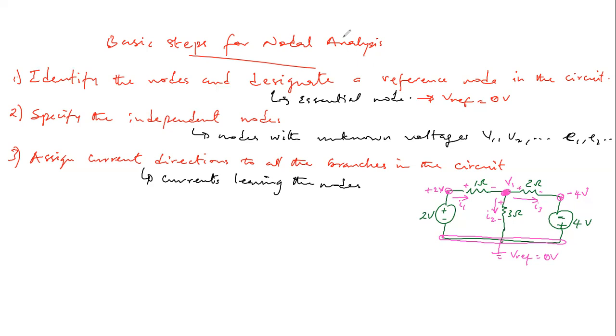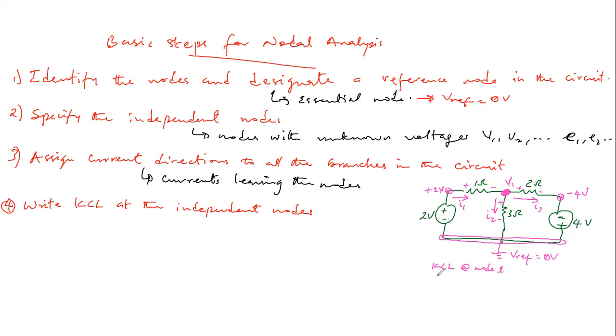Perfect. So the next point here is to write KCL at the independent nodes. So here we have a single node. Then for us to write KCL at this independent node, we want to write KCL at node 1.